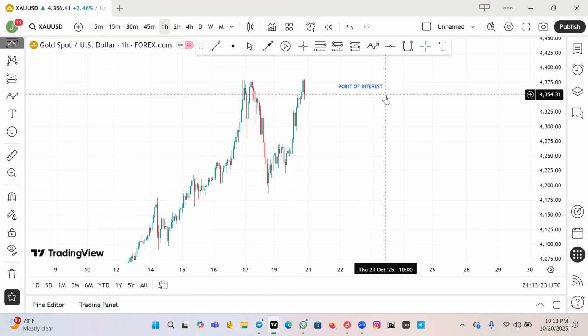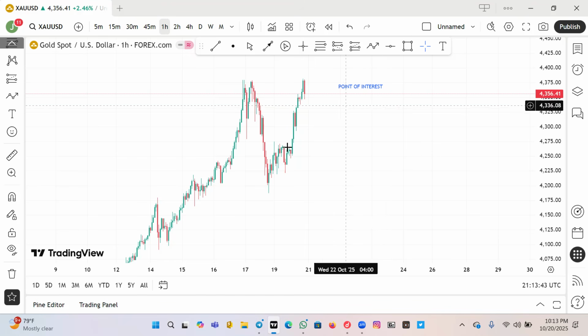Like me, for example, before I enter any trade, I always remember what someone said: trade in the zone. Now, this zone is your point of interest.